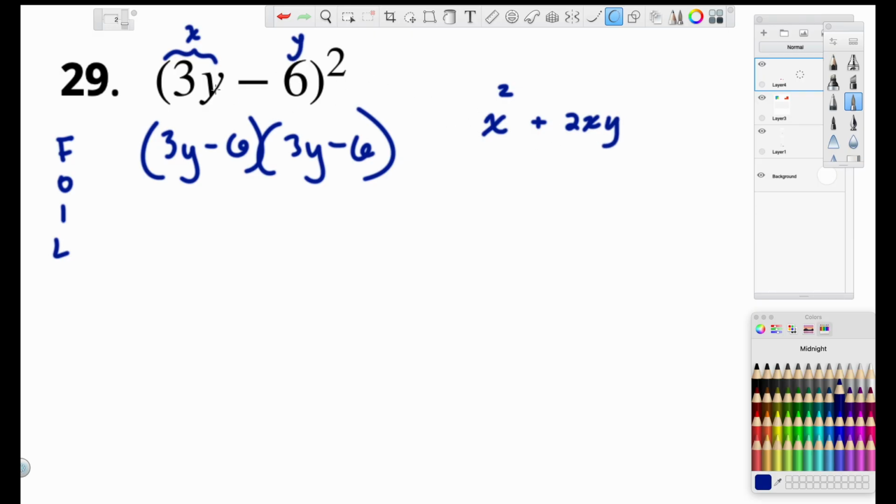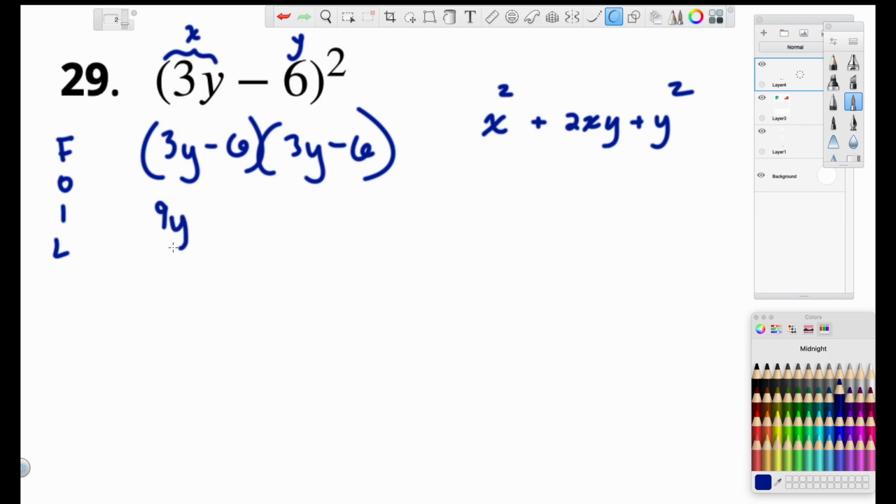So we have 2x times y's, and then plus whatever that y section is here squared. So the first term is squared, the x squared, and the last term is the y portion squared, and we have 2x times y's. And you would see in the middle terms here that when we FOIL, we get the same middle term, and so we're adding them together, same as this being doubled.